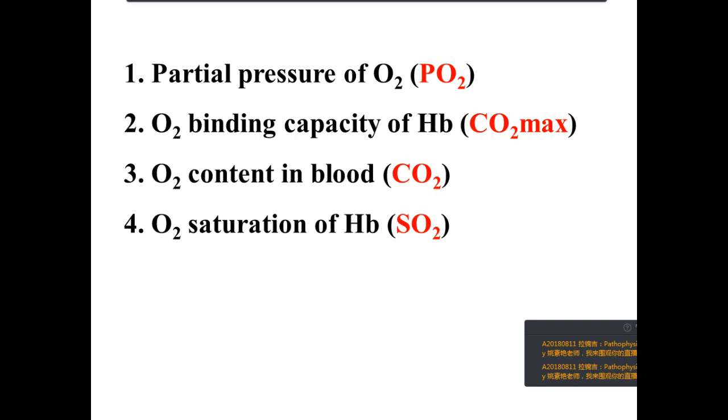First, there are 4 parameters. The first is partial pressure of oxygen. It includes partial pressure of oxygen in arterial blood and in venous blood. The normal value in arterial blood is 100 millimeters of mercury. What determines the partial pressure of oxygen in arterial blood?